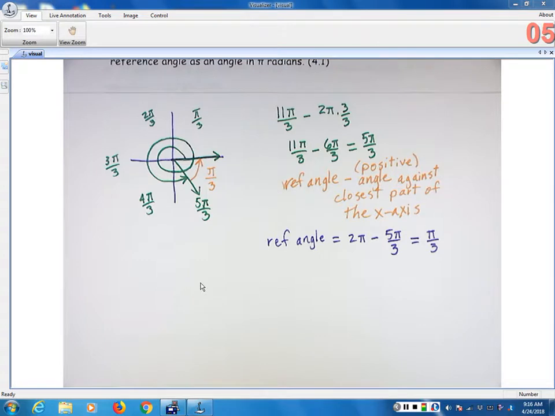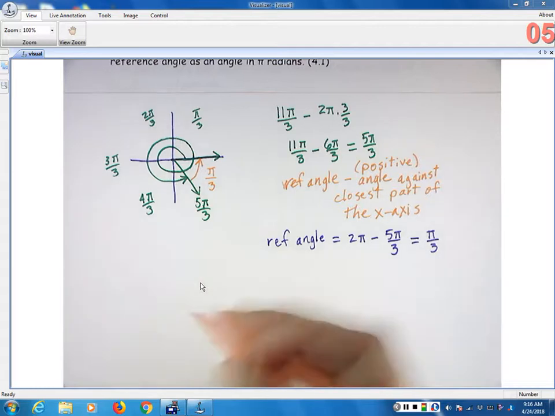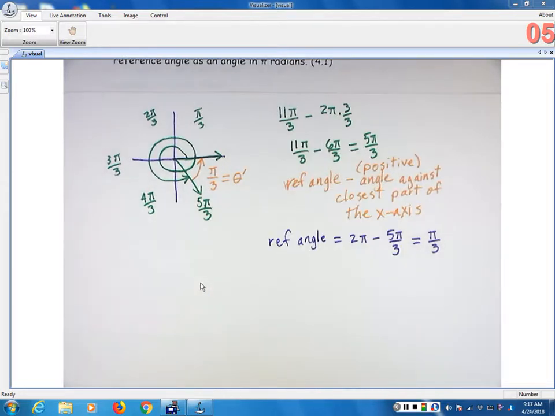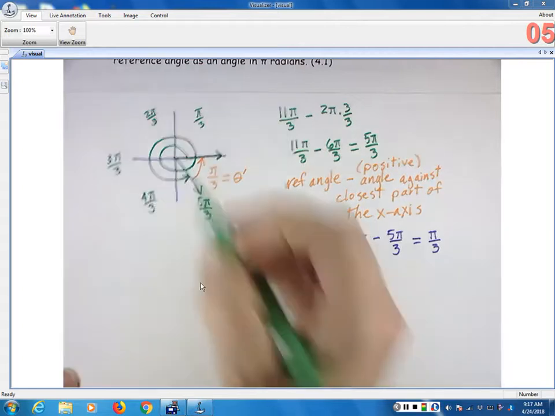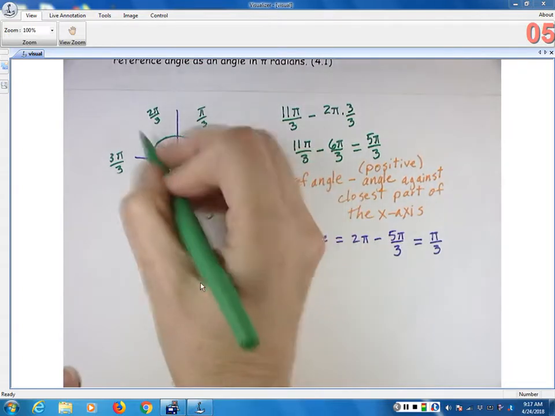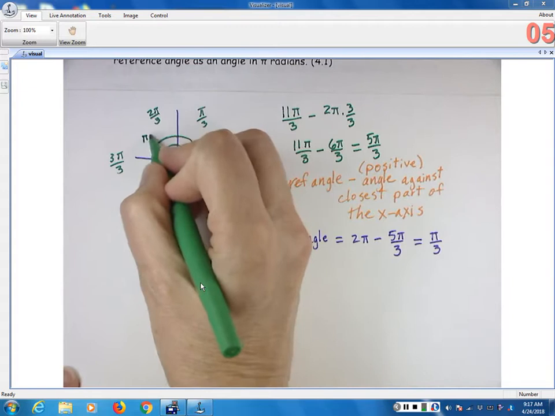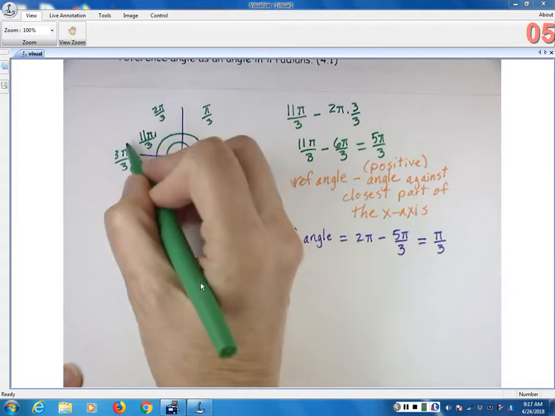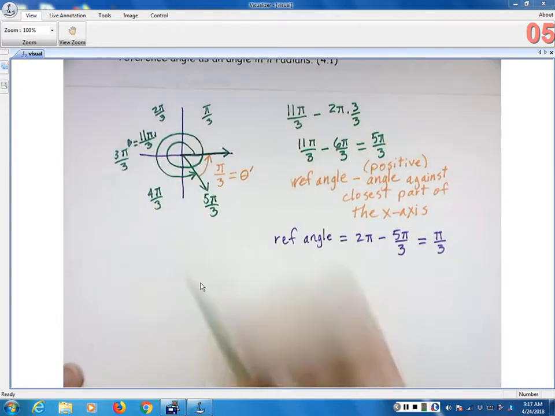Can we just label that as theta prime? Yes, if this would be our theta prime, that's the notation we use for reference angle. And this is our theta, 11 pi over 3.